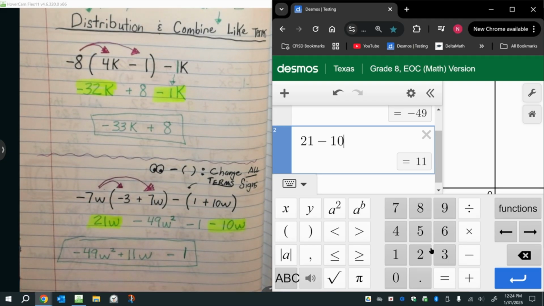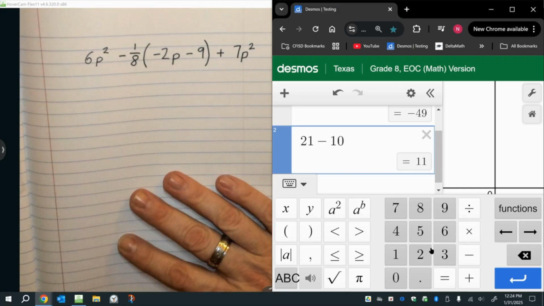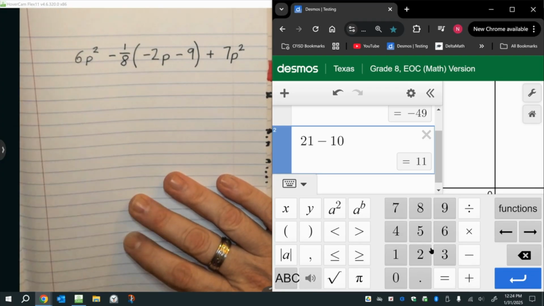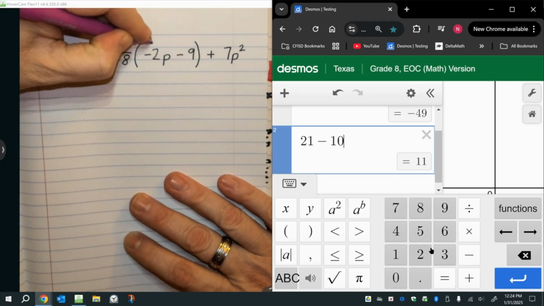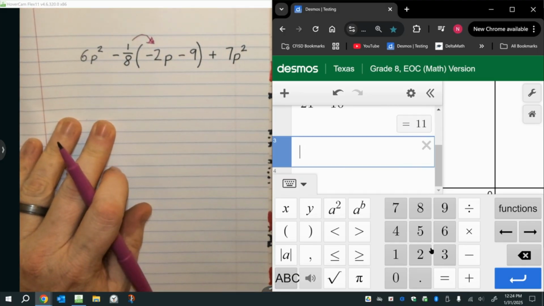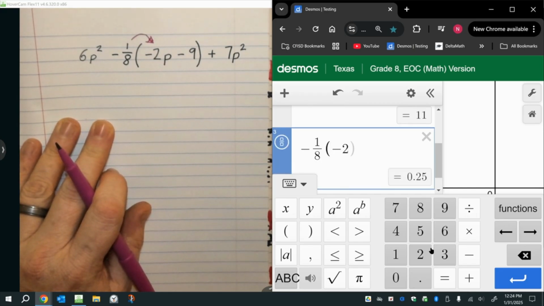All right, one more problem, and then we'll be done with this for today. So let's take a look at the next problem. So I have 6p squared, and now I notice I got parentheses with a number out here, so I need to distribute that first. So I'm going to take negative 1 over 8, and multiply it with negative 2.